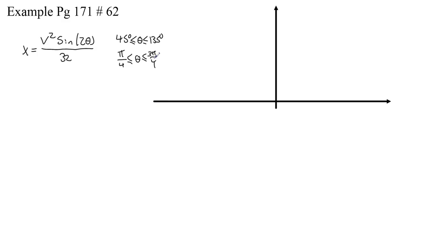All right. So this x here represents the horizontal distance of the water coming out of the sprinkler, the distance the water travels. v is the velocity of the water.